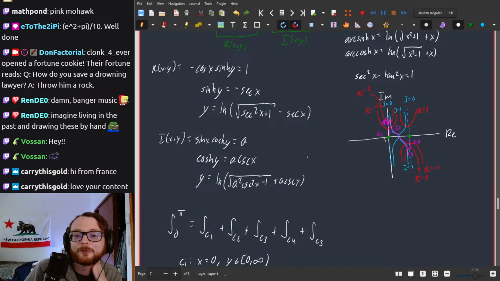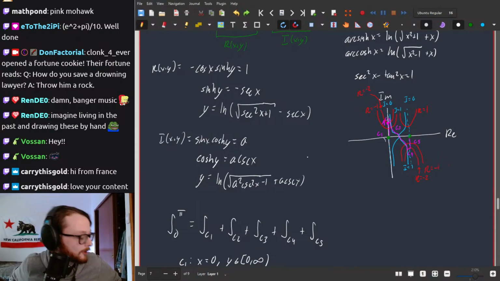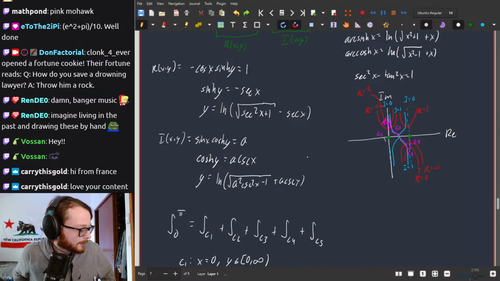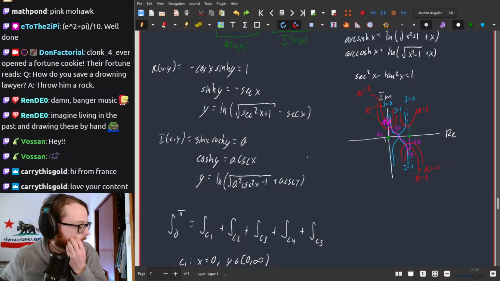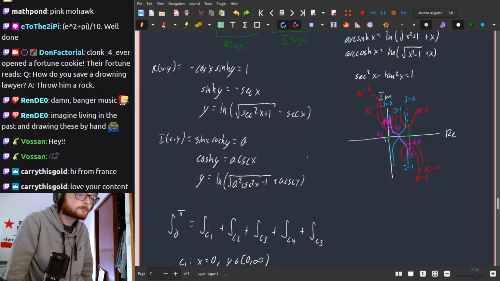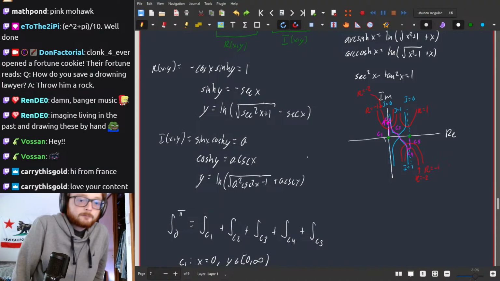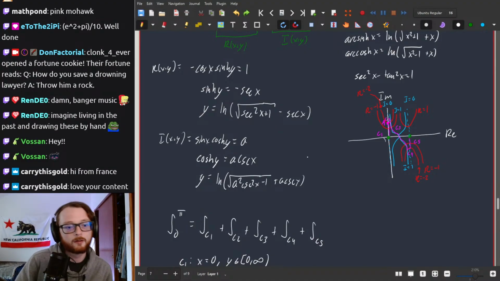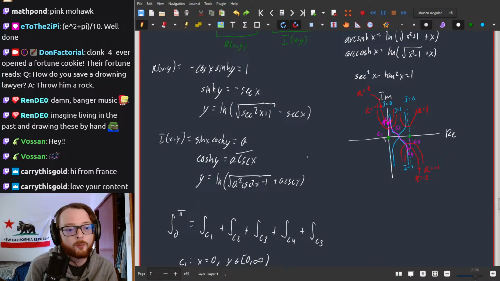This is the thing I get confused on when drawing these contours, because these real and imaginary axes are for what I'm plugging in as the input, and these level curves are what you get as the output, and that confuses me. So when the imaginary component is 0, cosh is never 0.